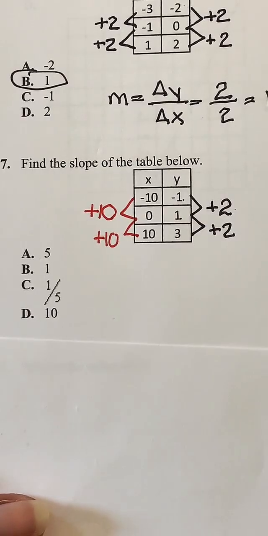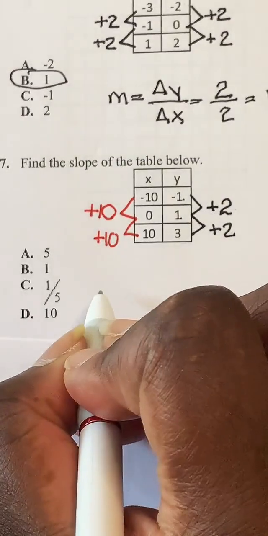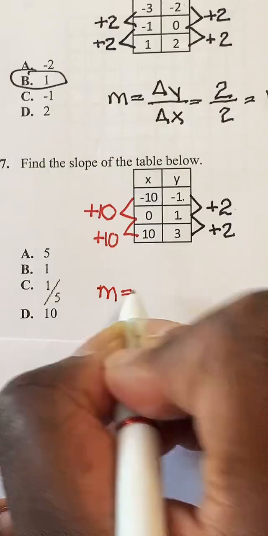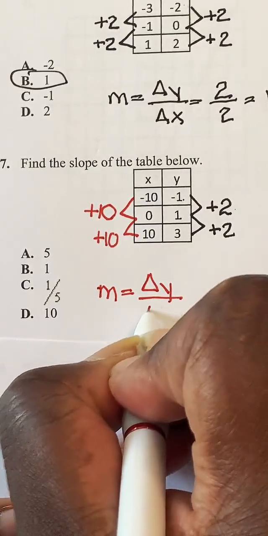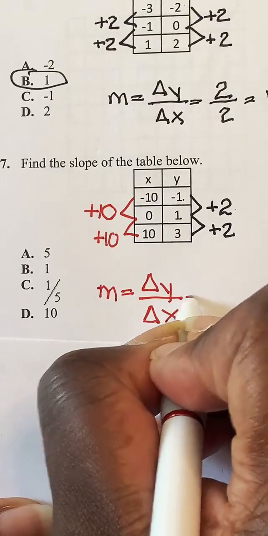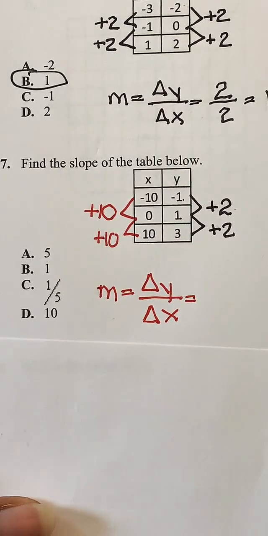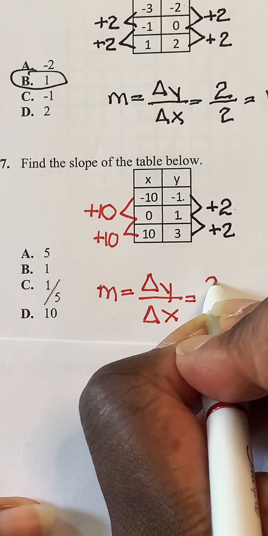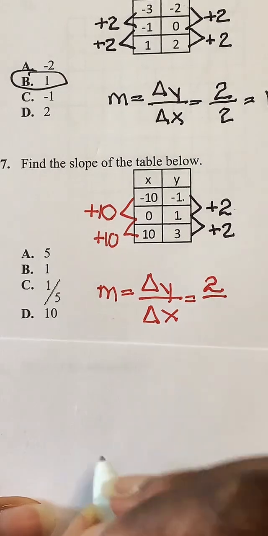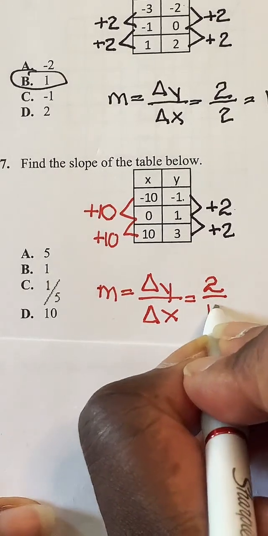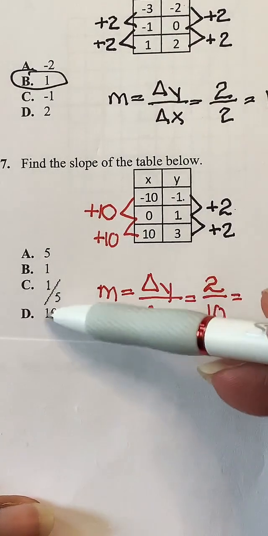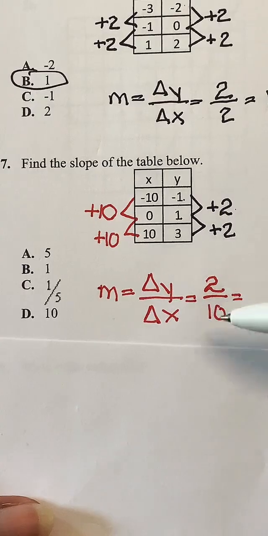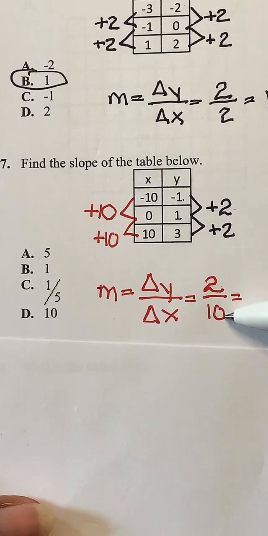All right. So now, to find our slope, it's the change of y's over the change of x's. So the pattern of my y's, we got 2. The pattern of my x's, we have 10. Now, 2/10, not even shown. But 2 is even, 10 is even.